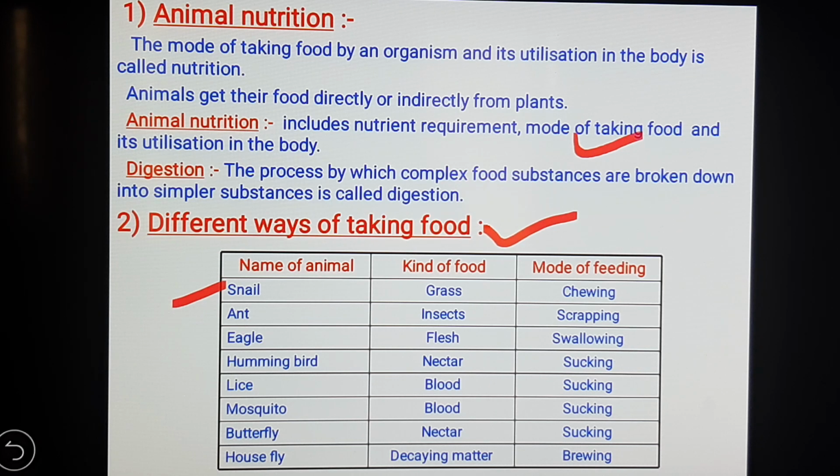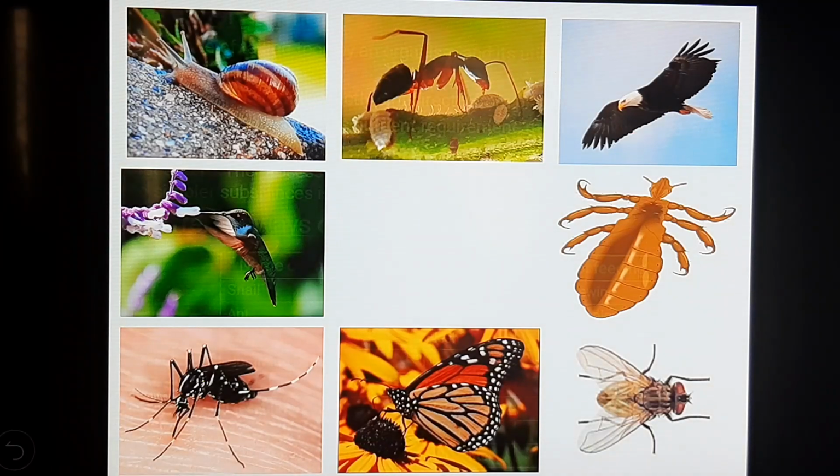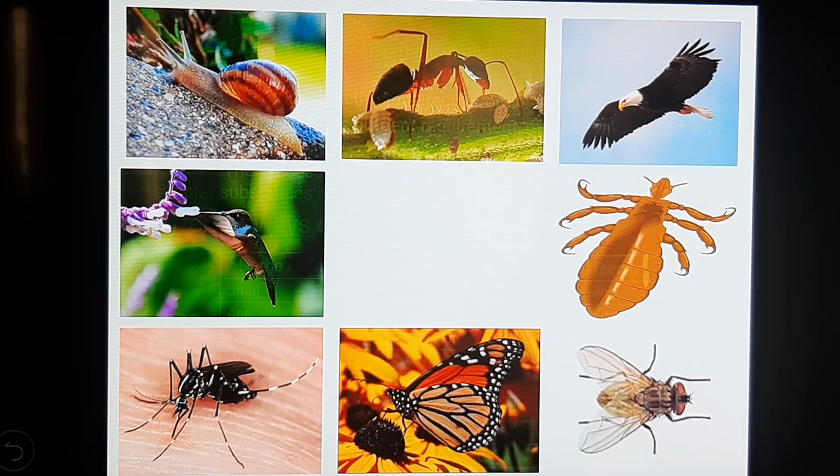Butterfly and the hummingbird, the same is given, and the houseflies, the kind of food is decaying matter and the mode of feeding is sponging. Now we will move on to the next slide. Here some pictures of animals are shown and their mode of feeding is also shown, so you can see it carefully.